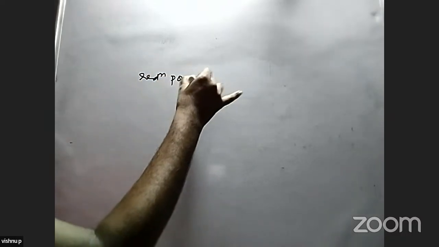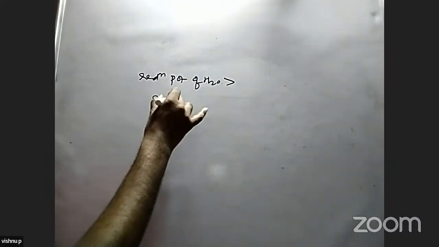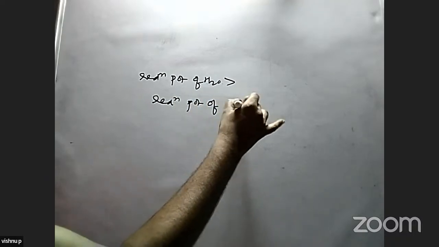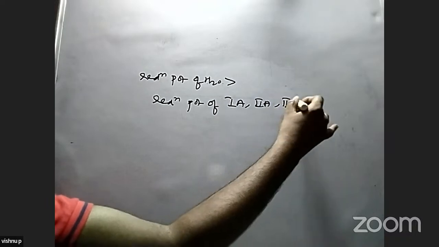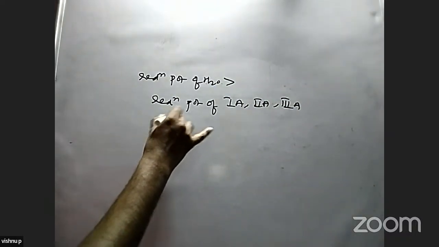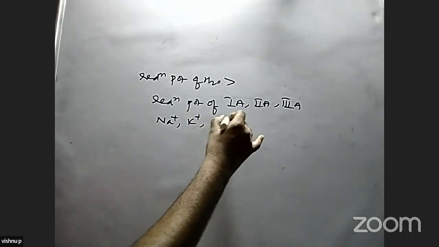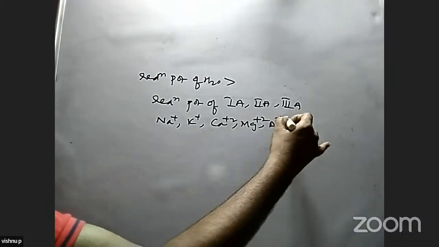Reduction potential of H2O should be greater than the reduction potentials of 1A group, 2A group, and some 3A group elements. So we take examples like sodium, potassium, or calcium, magnesium, aluminum.